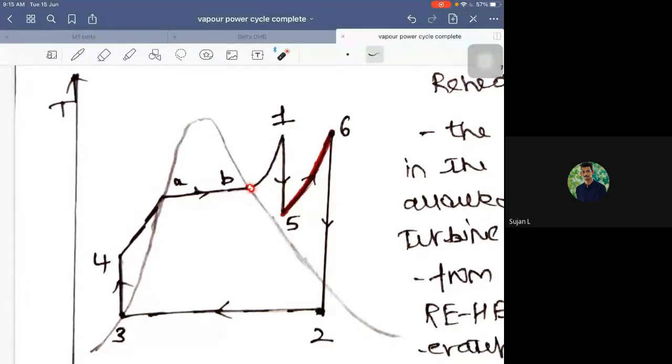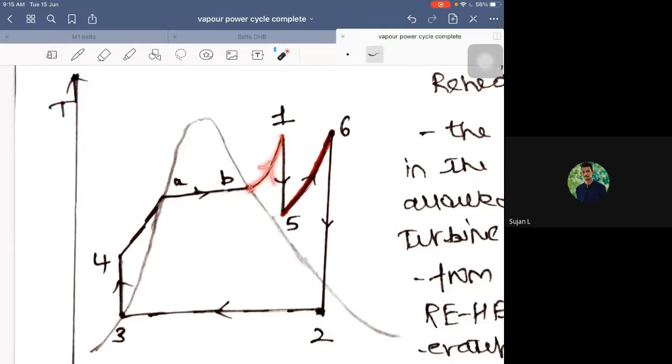Now if you heat it in a separate equipment, the temperature increases, and there is no more phase change. So B to 1 happens in a superheater.